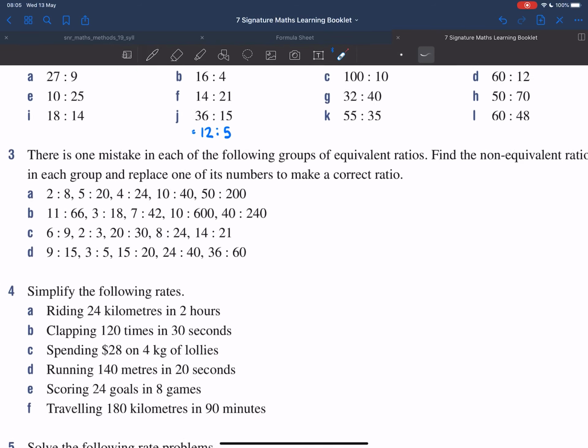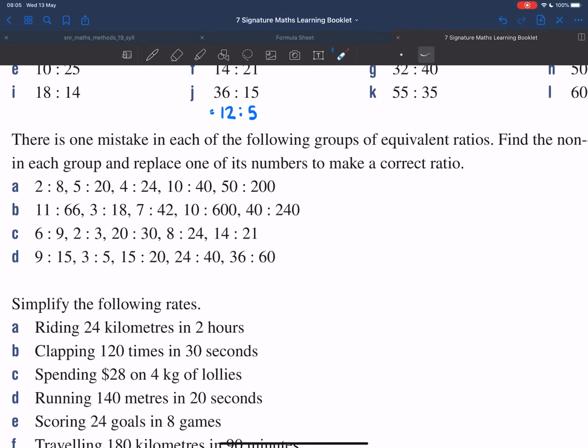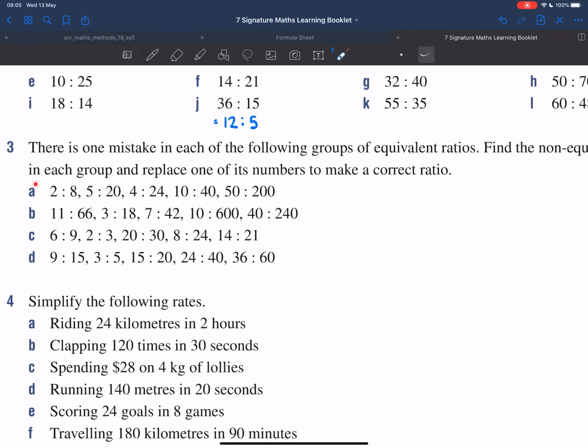Whoa, there's a lot going on in this question. But let me just highlight that if we just look at A, here's 2 to 8. This is a ratio, right? So 2 parts to 8 parts. Now, I would suggest that you try and make up a picture in your mind about what 2 to 8 looks like. I would usually draw, or imagine maybe, a cup with some cordial, right? And we've got 2 parts cordial syrup to 8 parts water, right?